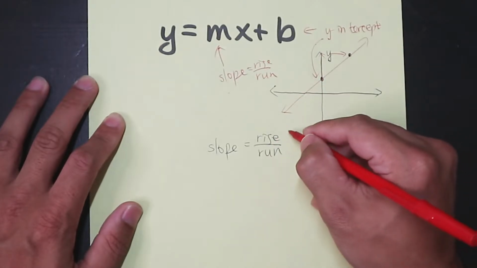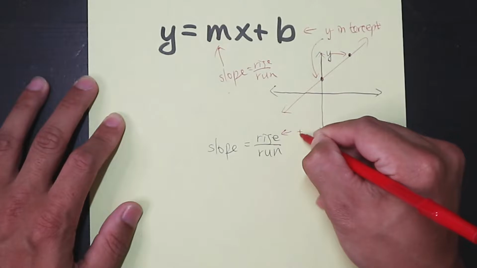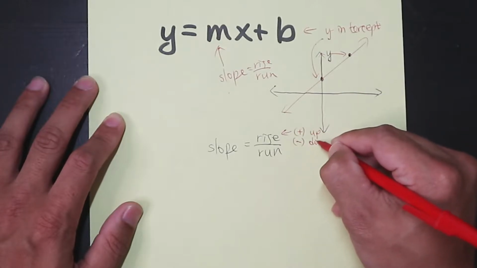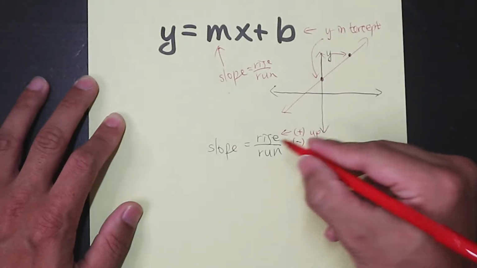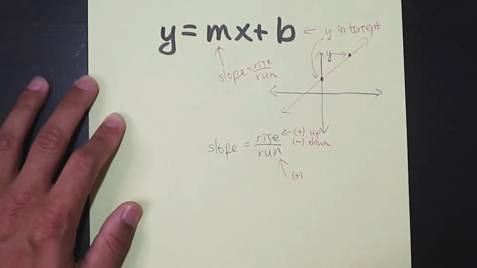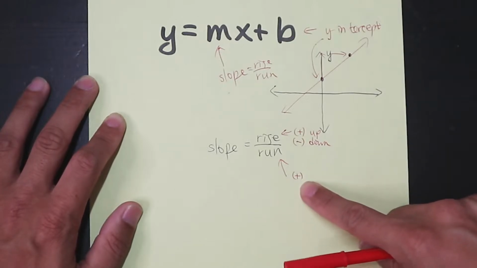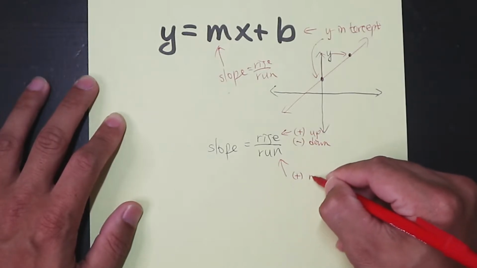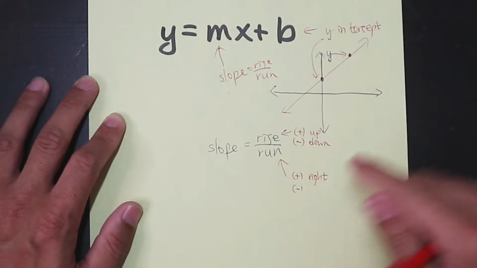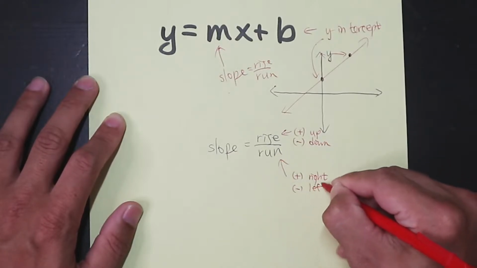We use a positive numerator if it's going up, and a negative numerator if you count down. Likewise, for the run, it's positive if we count to the right, and the denominator is negative if we count to the left.